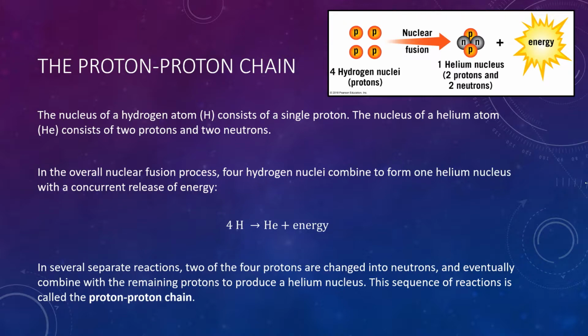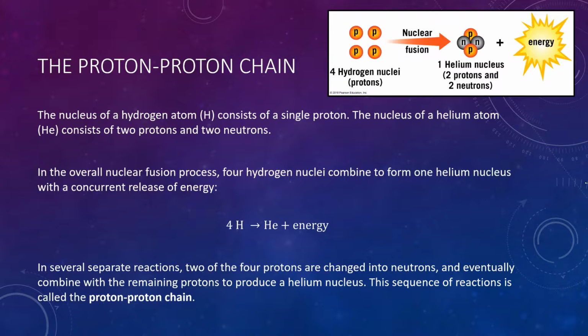This overall reaction actually proceeds through several steps involving just 2 nuclei at a time. The sequence of steps that occurs in the sun is known as the proton-proton chain, since it evolves from the collision between protons, or hydrogen nuclei.